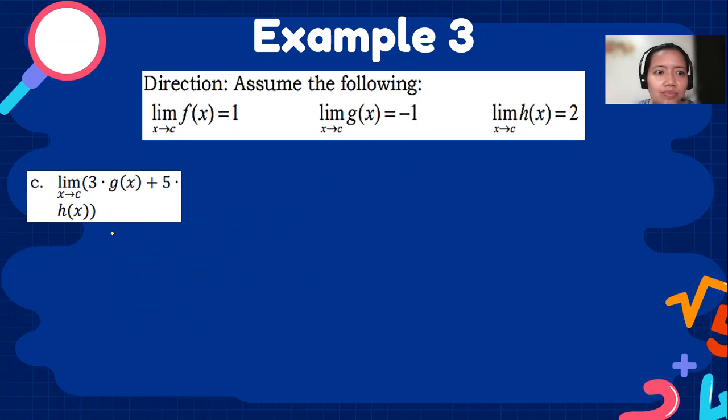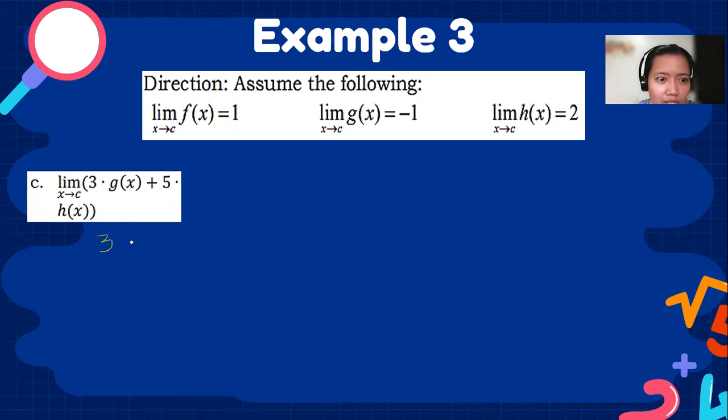Anybody who can answer? Yes, you're raising your hands. Okay, just answer directly. Yes, answer directly. Please answer. Mahait? Negative 1, ma'am. Okay, so I'll copy the 3.